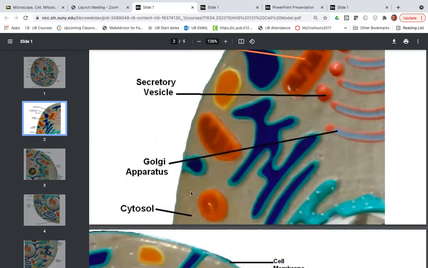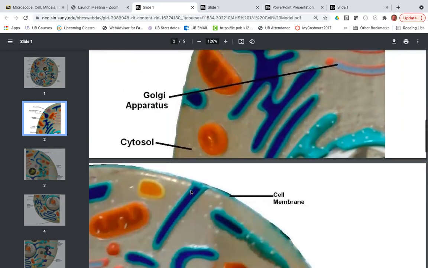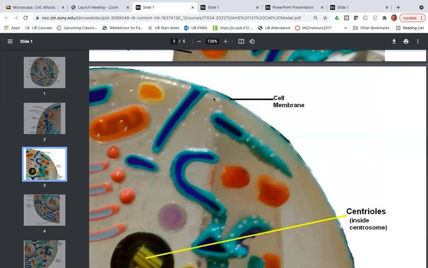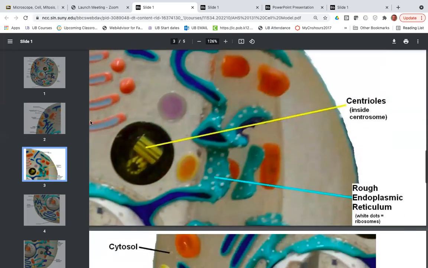Here's the cytosol, the clear fluid within the cell. Here is the cell membrane. The black sphere is the centrosome, along with the centrioles. We have ribosomes that are fixated to the endoplasmic reticulum, which makes it the rough endoplasmic reticulum.